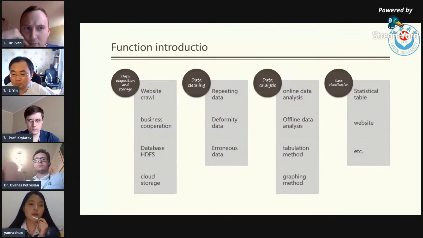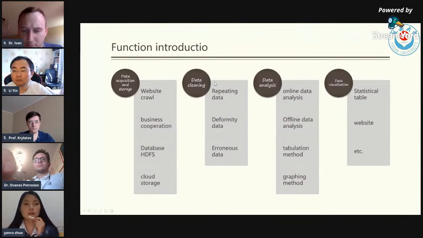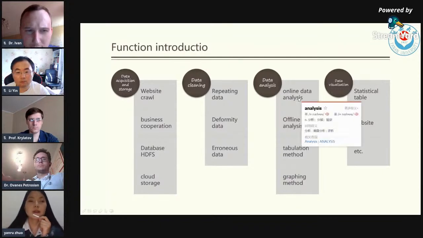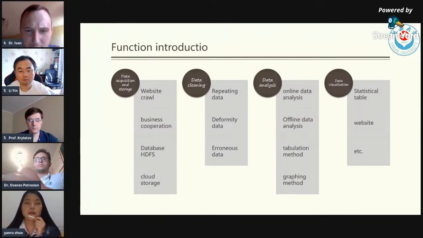Data storage can also use cold storage. Data cleaning is carried out on duplicate data, deformed data, and erroneous data. Data analysis is divided into two parts: online and offline analysis. The two commonly used methods are the tabulation method and the graphing method.